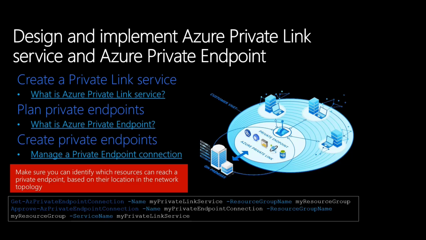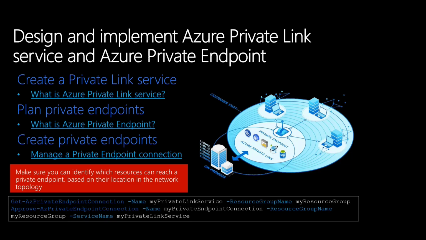So private endpoint, you have to understand what that is as well. The private endpoint is the critical technology behind Private Link. Private endpoint is simply a network interface that enables a private and secure connection between your virtual network and an Azure service.